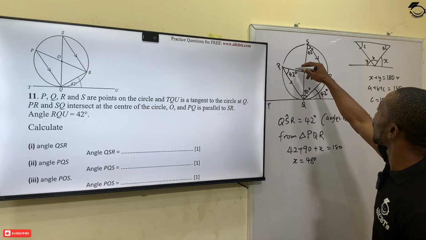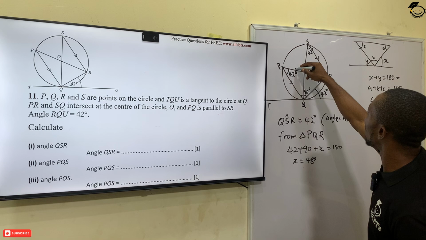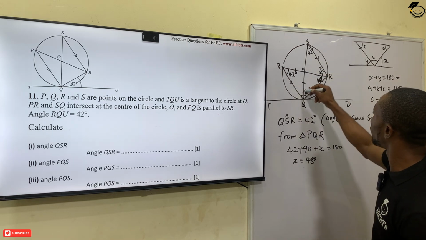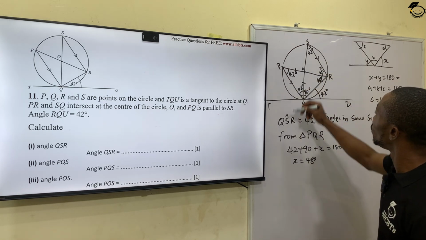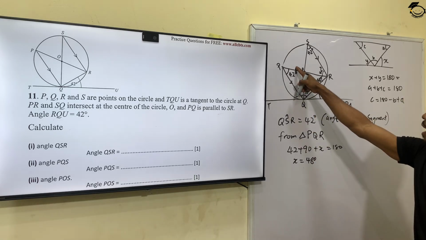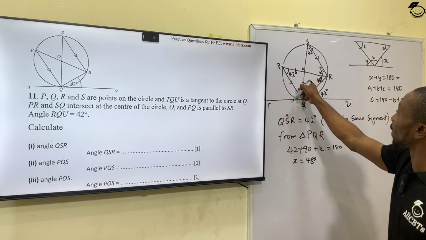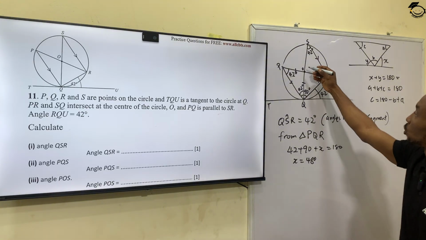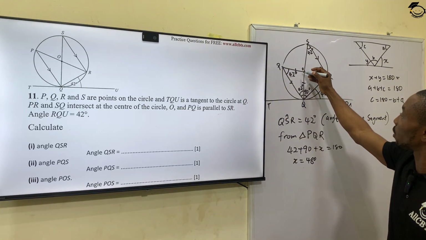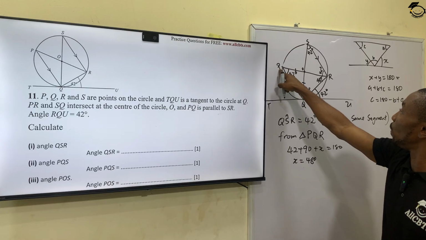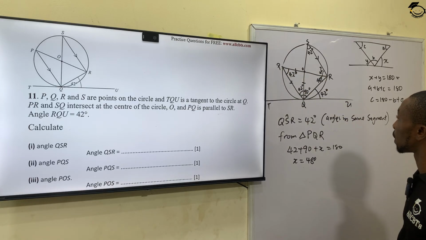So we can use our formula to find this to be 42 degrees. Reason being, base angles of an isosceles triangle are equal. Since we are told that this is the center of the circle, that means OP and OQ form our radius.